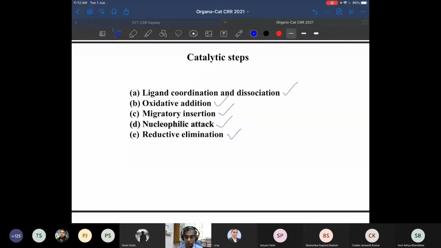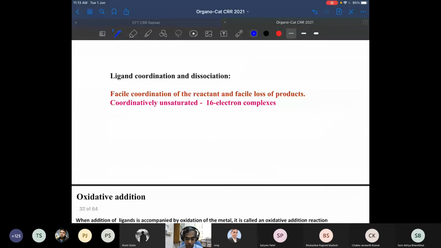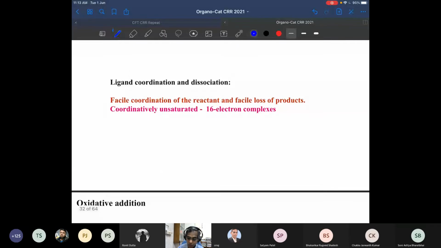It doesn't mean that every homogeneous catalytic reaction should have all the steps. Some of the steps may not be there. We'll come to that. Now, ligand coordination and association: we have a metal, and the incoming ligand coordinates here at the initial step.